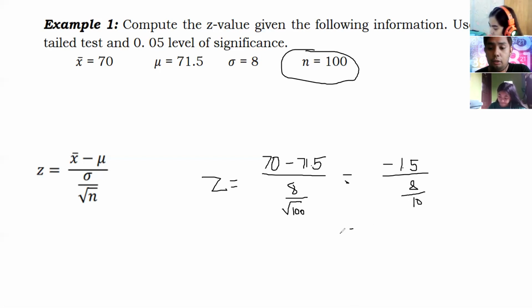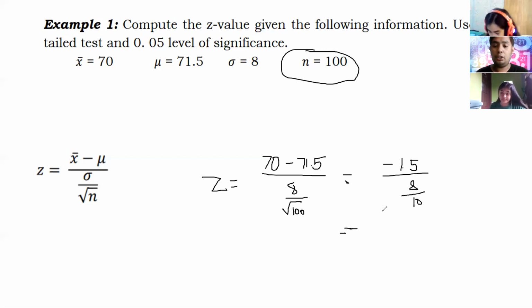Then i-compute natin ito. If you have your calculator, it will be negative 1.5 divided by open parenthesis, kasi meron tayong operation na kailangan gawin, which is 8 divided by 10.